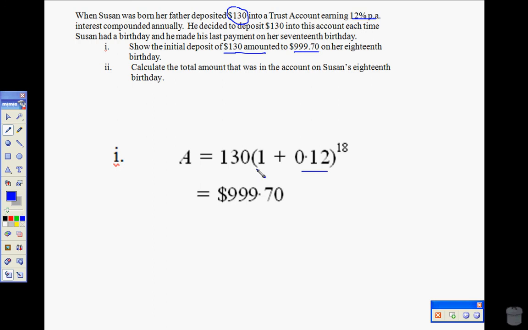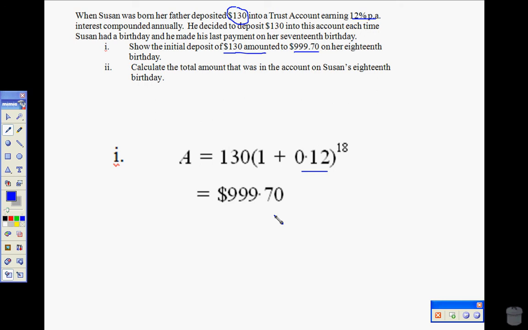So the 130's gained 12% upon 12% upon 12% for 18 years. And that $130, because of that nice interest rate and being compounded so many times, comes out to nearly $1,000, $999.70.